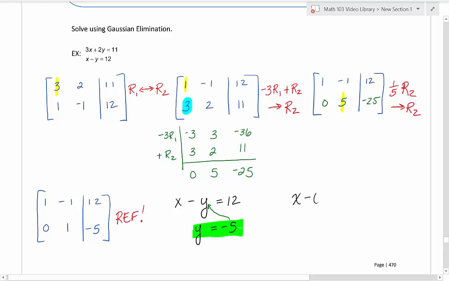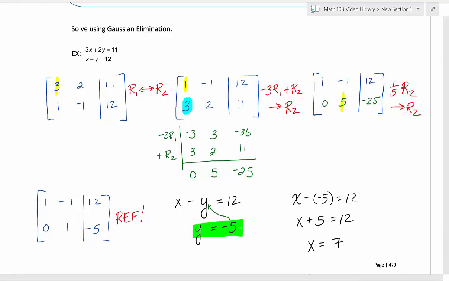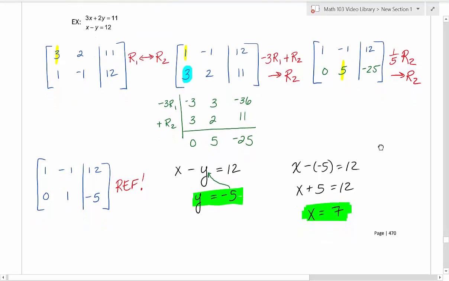I'll have x minus a -5 equals 12. That's x plus 5 equals 12, making x equal to 7. There's our second solution. Remember that what we're solving is a system of equations, and we always want to write our solution as an ordered pair. Our final answer is the ordered pair 7, -5.